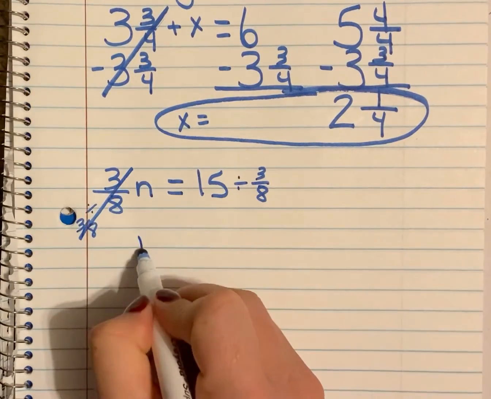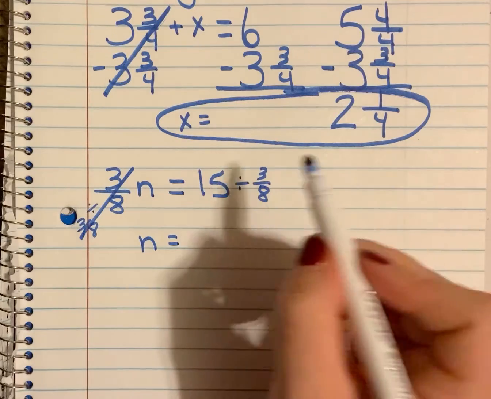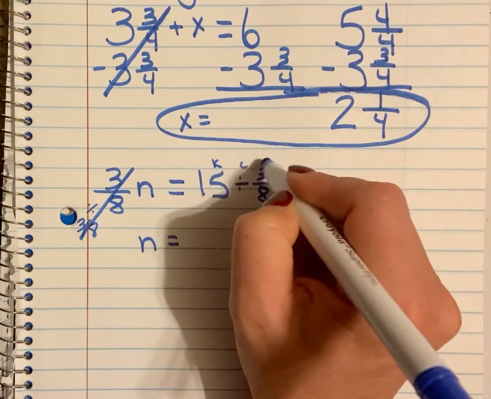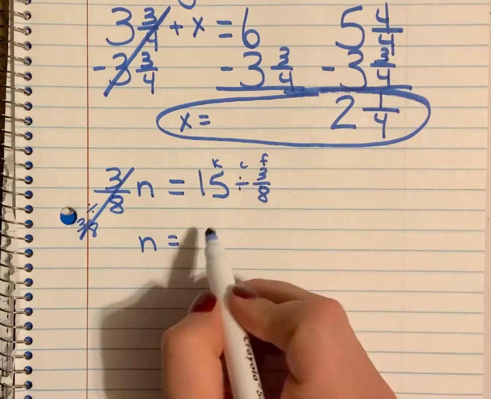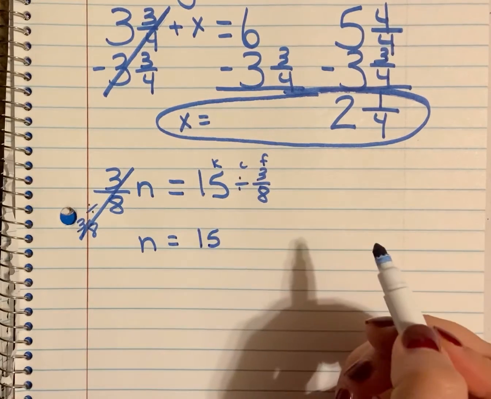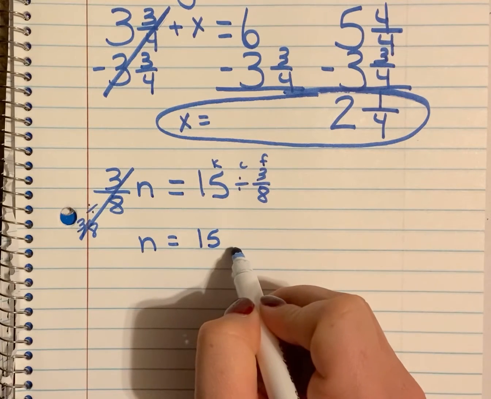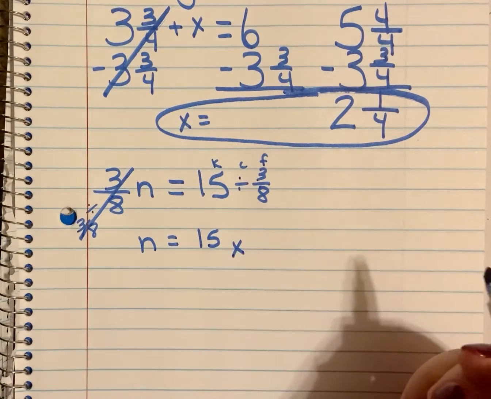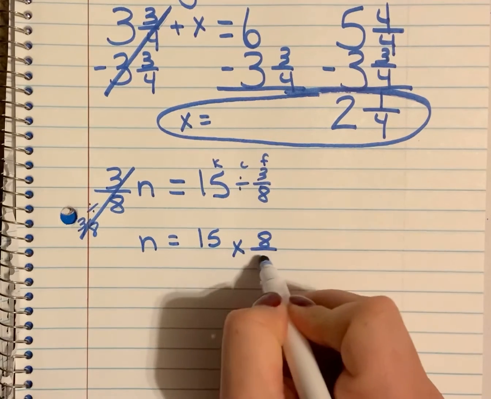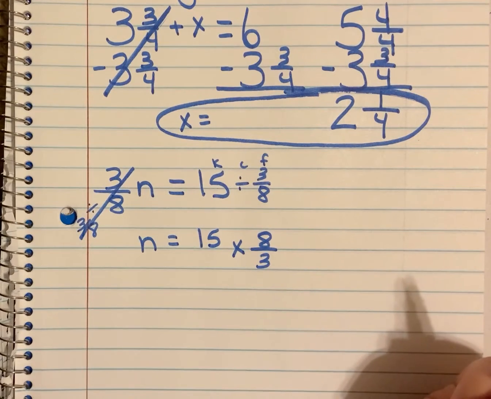We've isolated the variable. We know we're going to follow keep, change, flip. We're going to keep 15. We're going to change to multiplication, and we're going to flip that fraction.